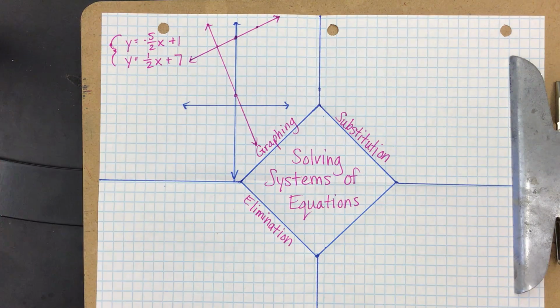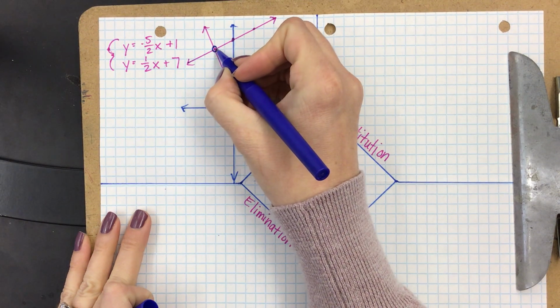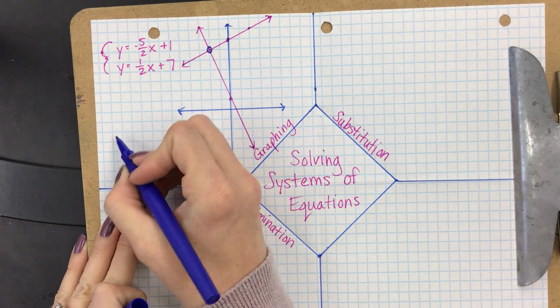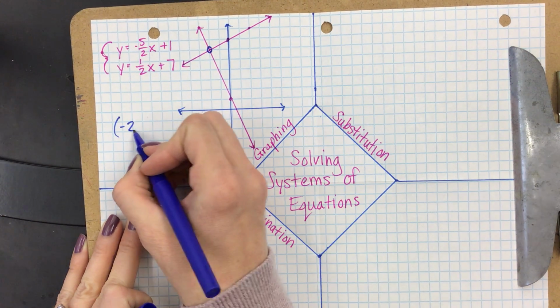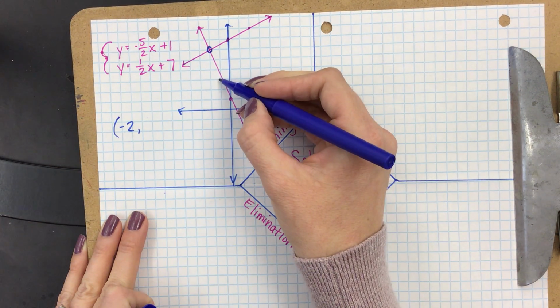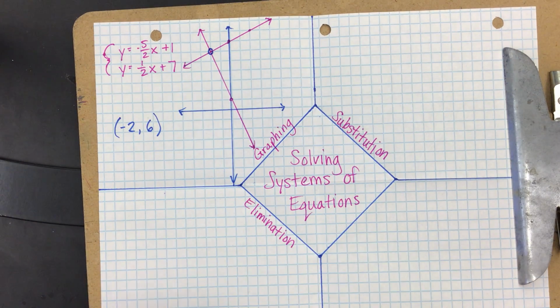Right away I can see where those two equations cross. And it's right here. And so the solution to that set of linear equations is -2, 6. Now, if you're doing an assignment or homework, I would expect you to check your answer, but for right now, we will leave it off.